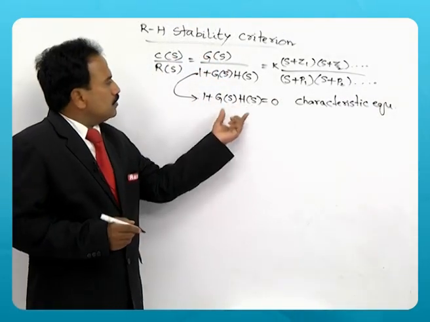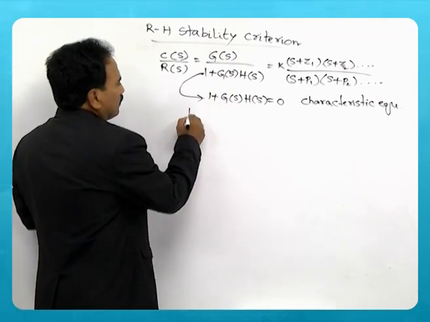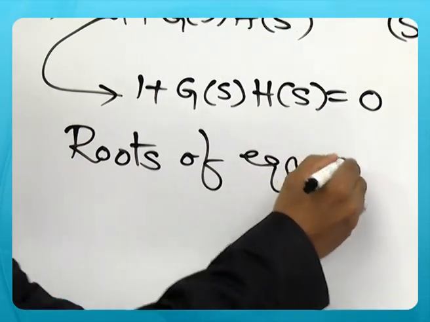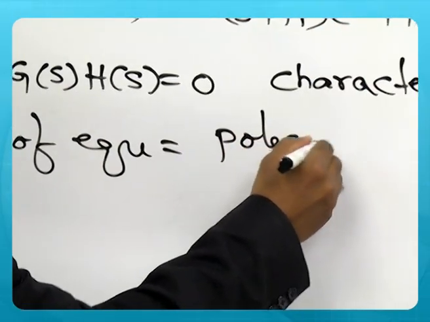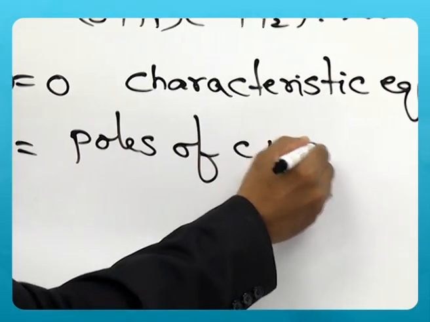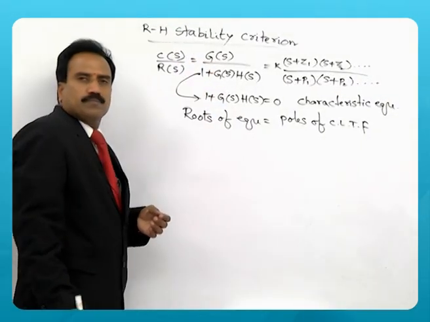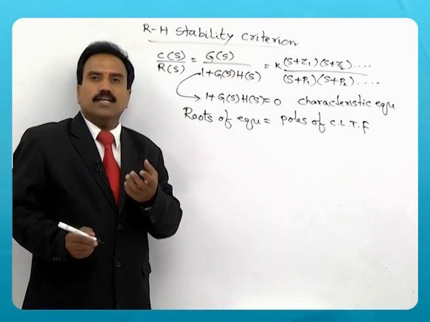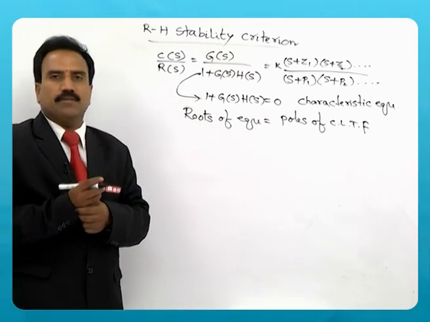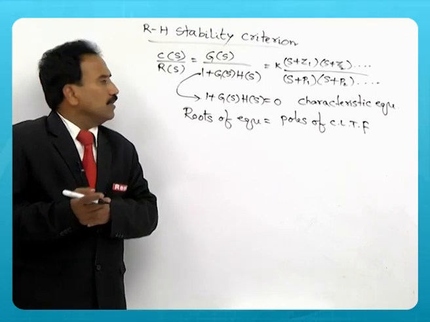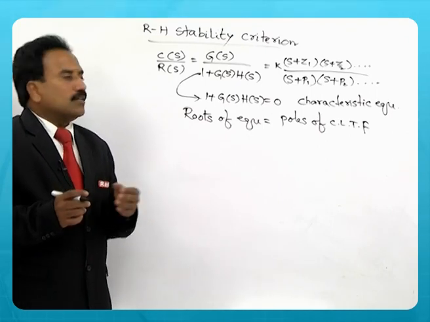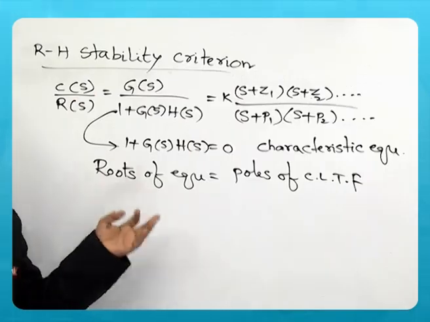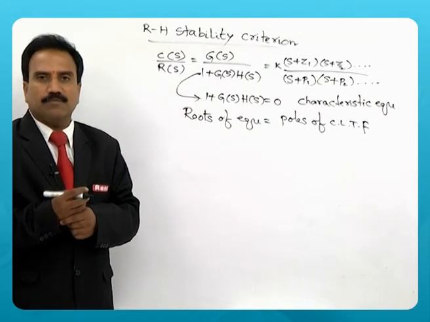The roots of this characteristic equation are known as the poles of the given transfer function, and for stability such roots must lie in the left half of the S plane. That is a general criterion according to the transfer function definition.